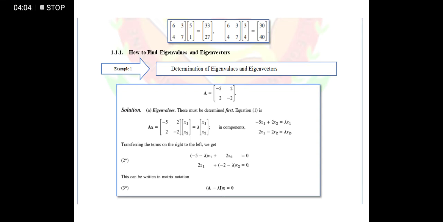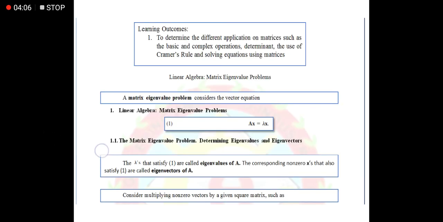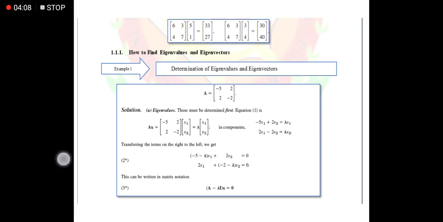For example, we are given a matrix A, which has entries of -5, 2, 2, and -2. So we have here a solution.